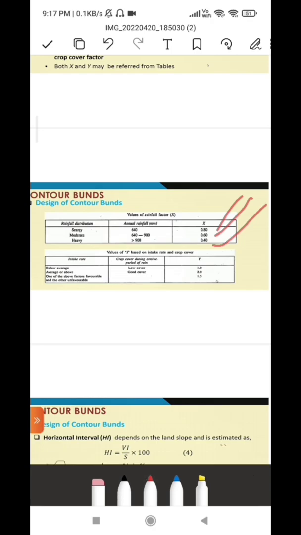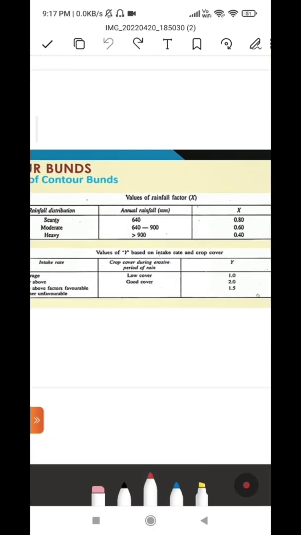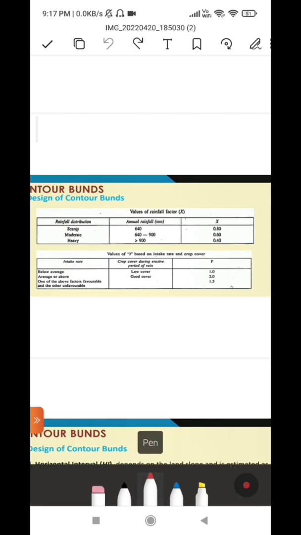Now y depends on two factors, the intake rate and the crop cover. The intake rate is the infiltration rate or permeability, and the crop cover is during the erosive period of the whole rainfall time. Now if the infiltration rate is below average and the crop cover is also low, then the value of y would be 1, and if the intake rate is average or above and the crop cover is also good, then the value of y would be 2.